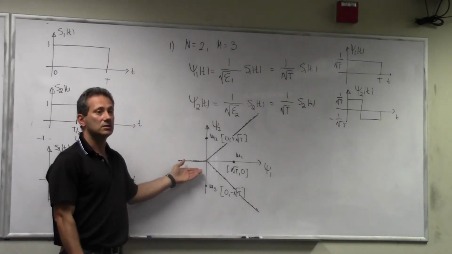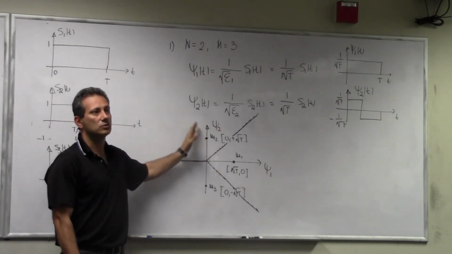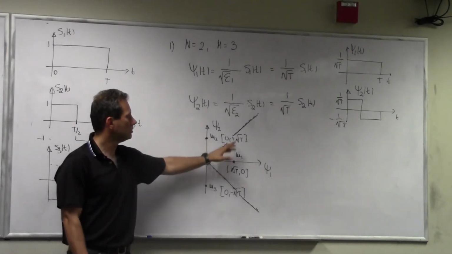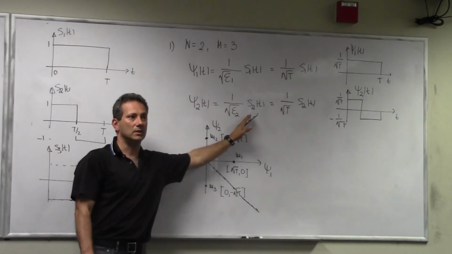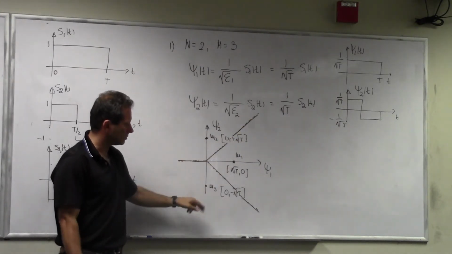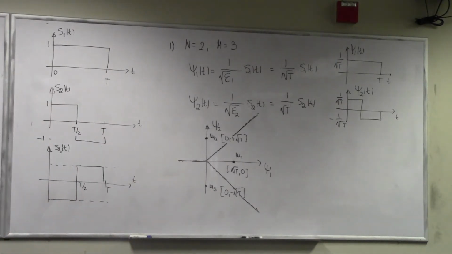Since the symbols are equiprobable, there's no reason to shift the boundary one way or the other. If I'm deciding between these two, the boundary should be in between them. And so is the boundary for these two and these two taken together. Now the next one is, which of the three messages is more vulnerable to errors than the other ones?